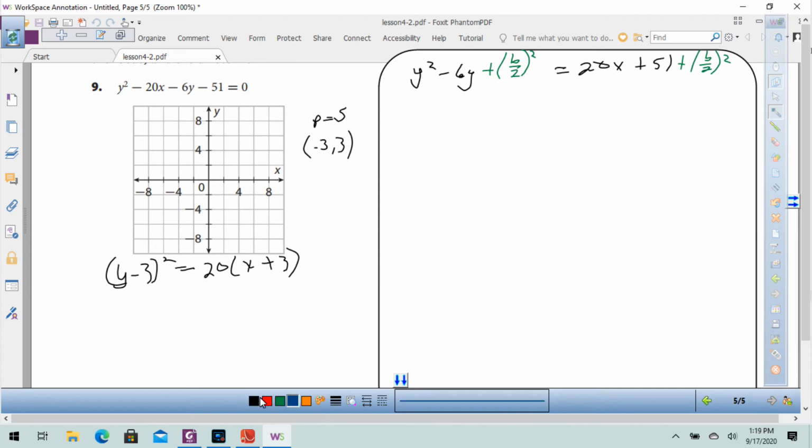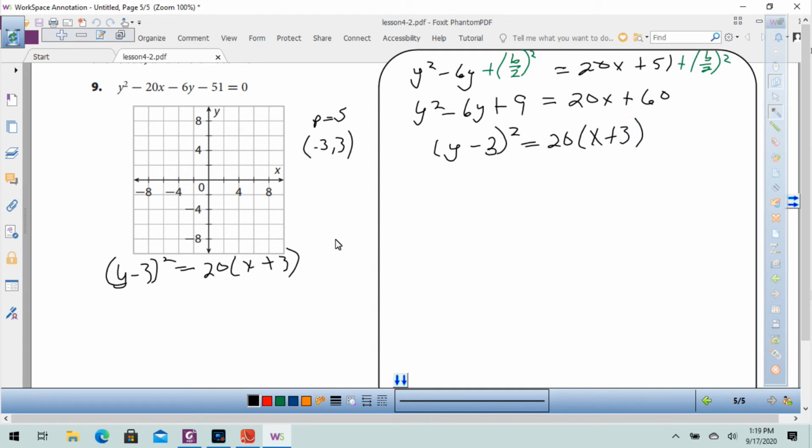That's going to give me y squared minus 6y plus 9, since -6 divided by 2 is -3 and -3 squared is 9, equals 20x plus 60. So now we got (y minus 3) squared equals, I'm going to take a 20 out, 20 times (x plus 3). The exact same equation, both ways.